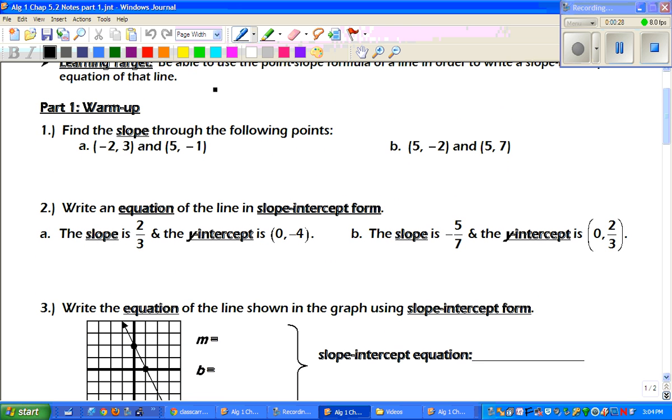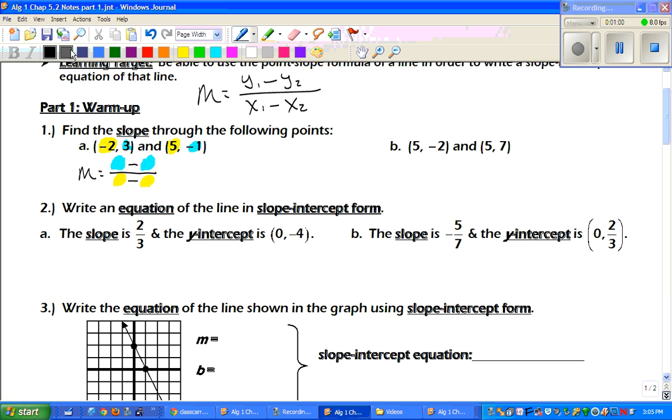Slope. Remember that the equation for slope is y1 minus y2 over x1 minus x2. When you're filling that out, just to help you out, you know that the y's are going to go on the top, and then the x's will go on the bottom.